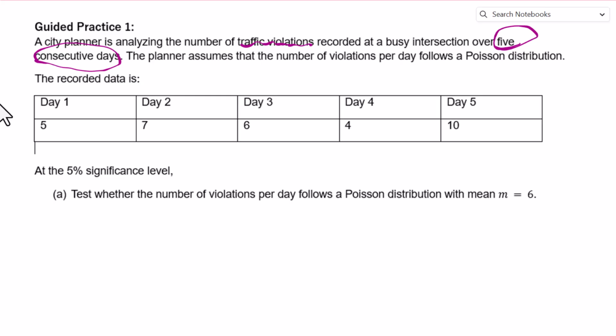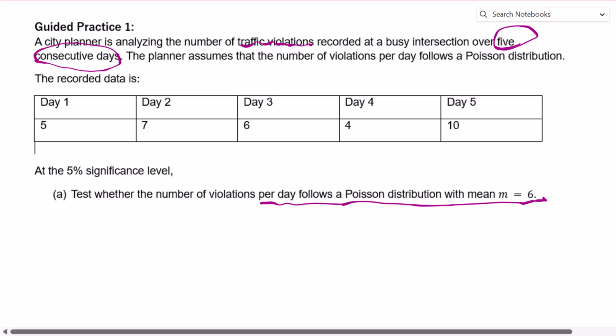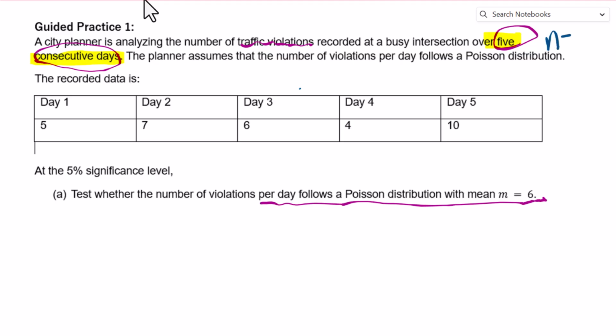At the 5% significance level, test whether the number of violations per day follows a Poisson distribution with mean M equals 6. Keywords here: 5 days, n equals 5, M sub 0 equals 6.